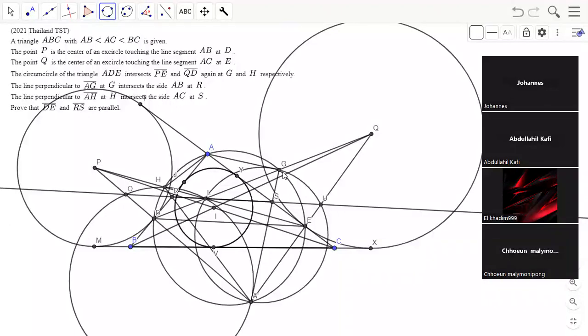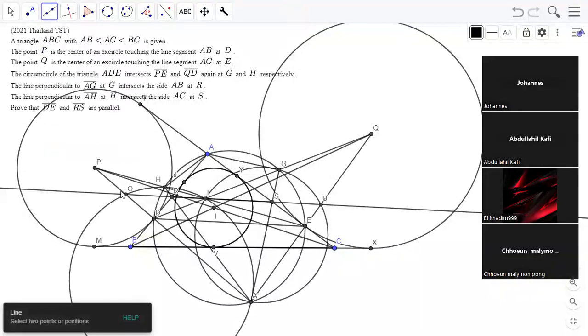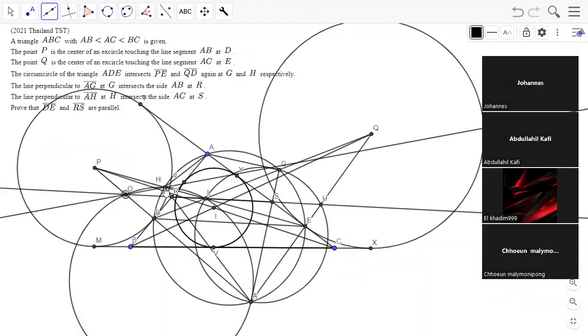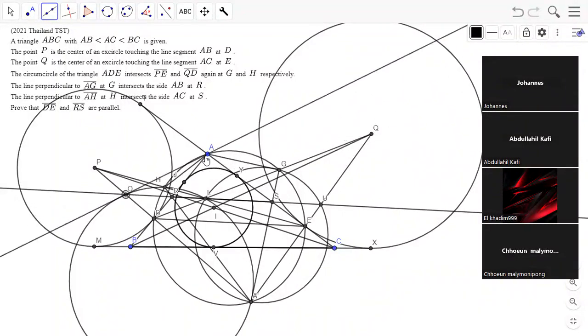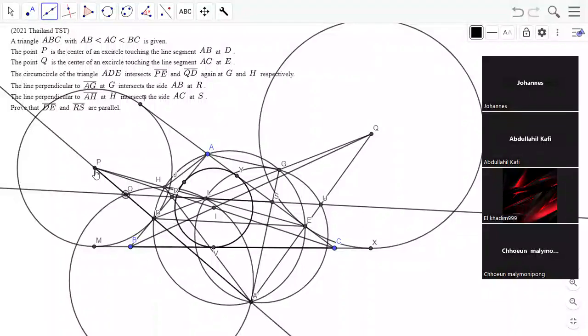But I don't know if that really helps, unless there's something special about point O. I don't think so.